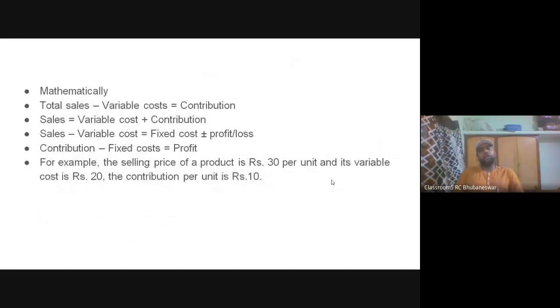Mathematically, how are you going to find it out? Whatever I had told you, here it is written in equation terms. Total sales minus variable cost is equal to contribution.